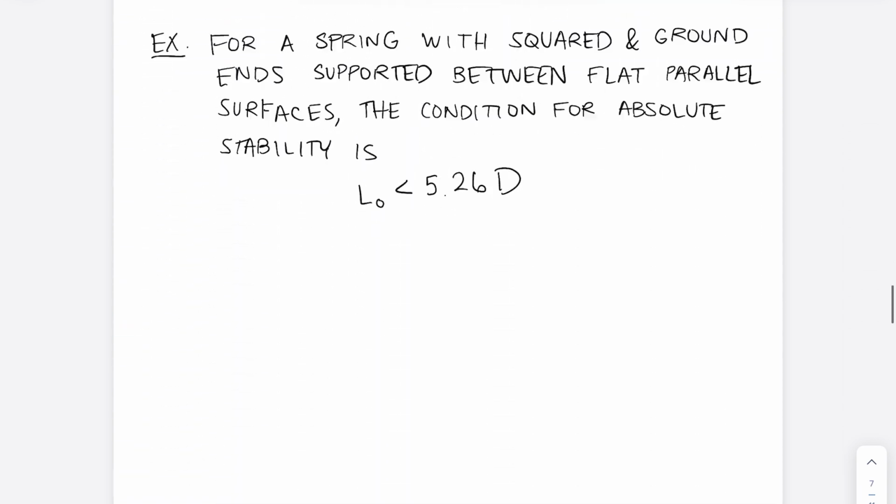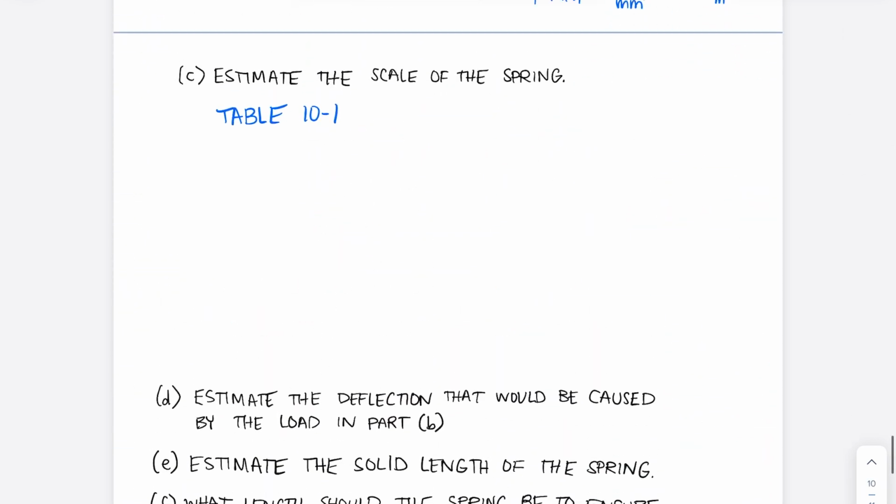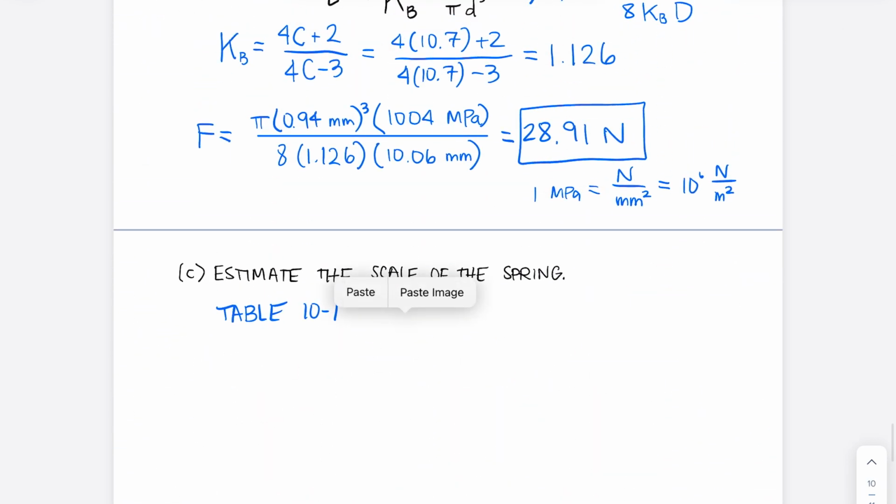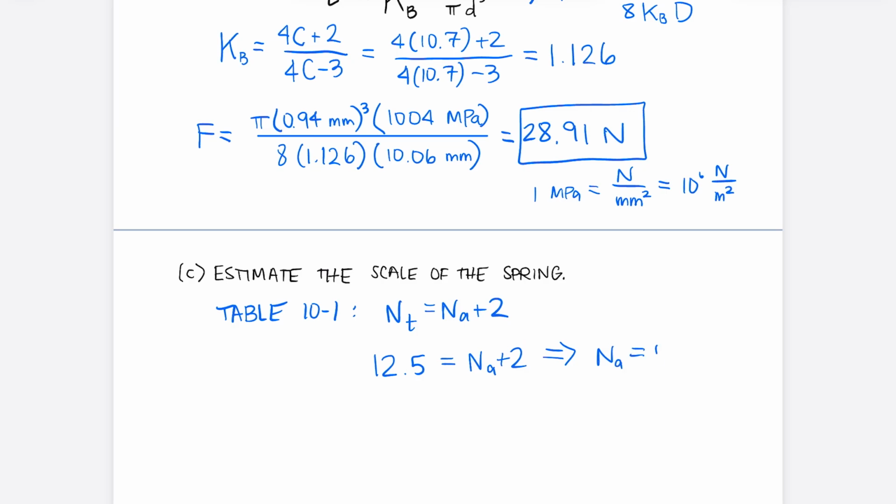Let's put that down here where we're working. Okay, so from this table, we found this equation. And again, my number of total coils is 12.5, so that's equal to my number of active coils plus 2. And therefore, my number of active coils is 10.5.